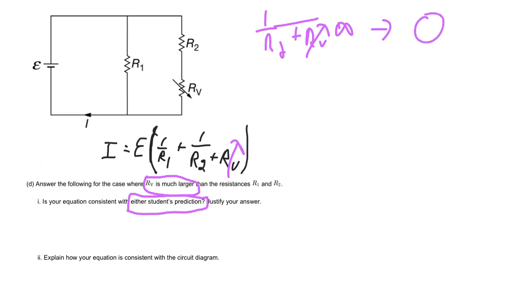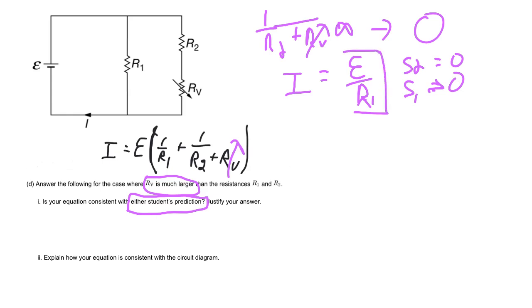So in other words, I will essentially equal epsilon over R1. Which student does that apply to? Remember, student 2 said this would equal 0, and student 1 said it would be non-zero, so greater than 0. And you can see this definitely applies to student 1.